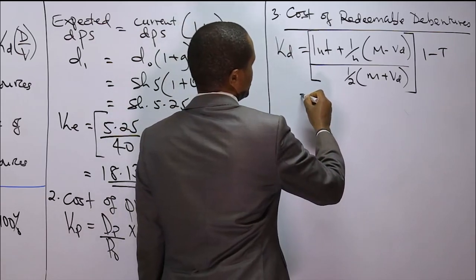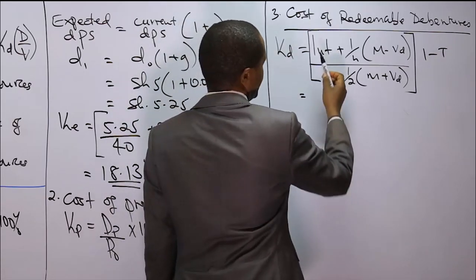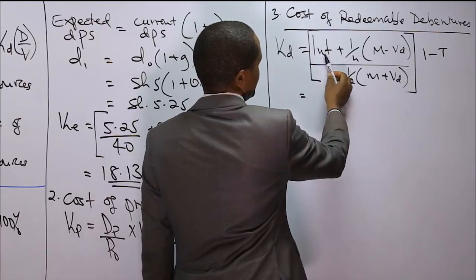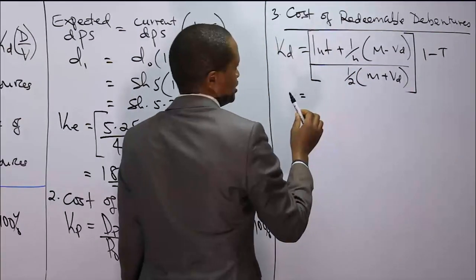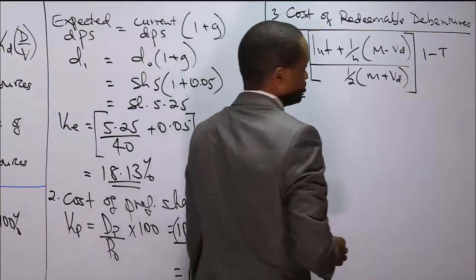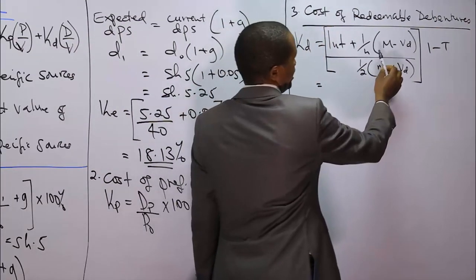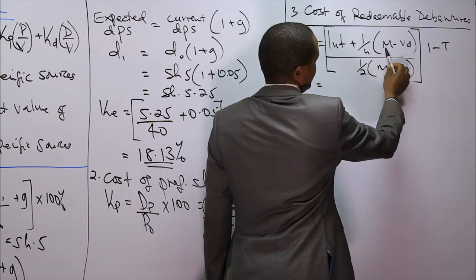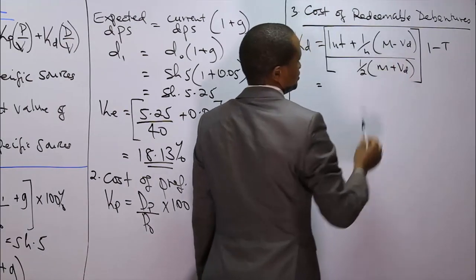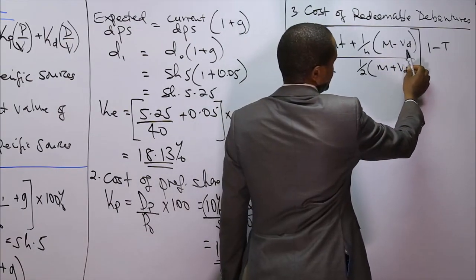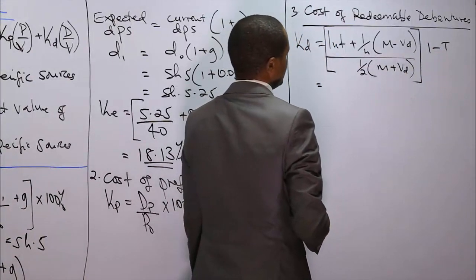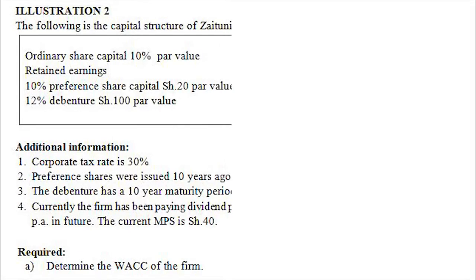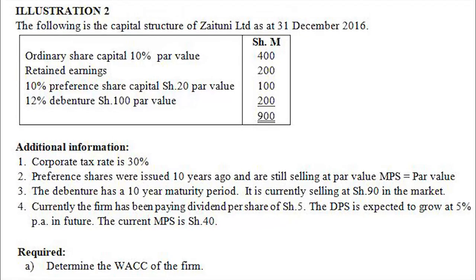So from this question, what is the interest? The interest per debenture. Then N is the number of years to maturity. M is the par value of the debenture. VD is the market value of the debenture. So from the question, what is the interest?